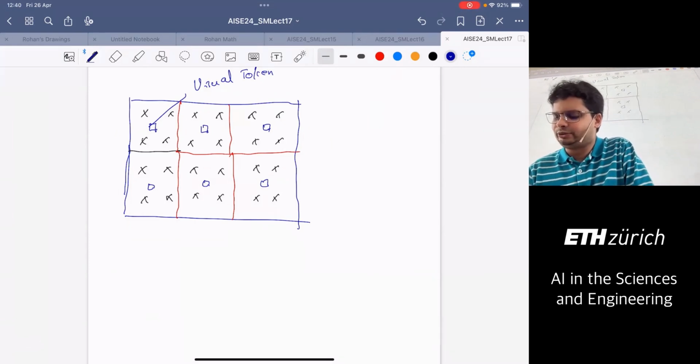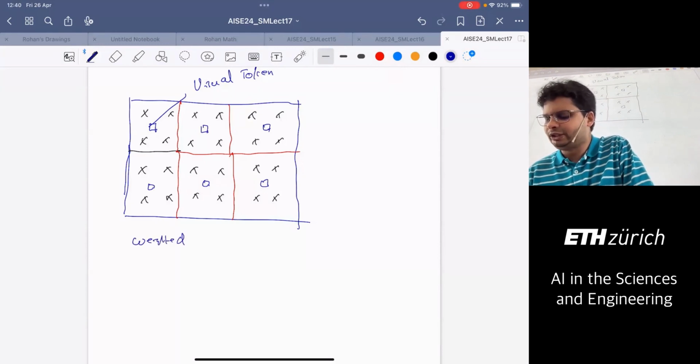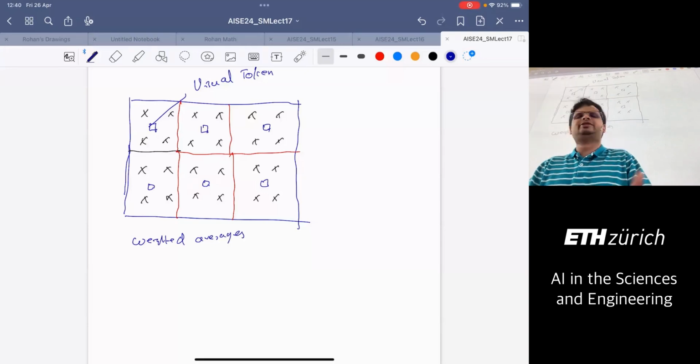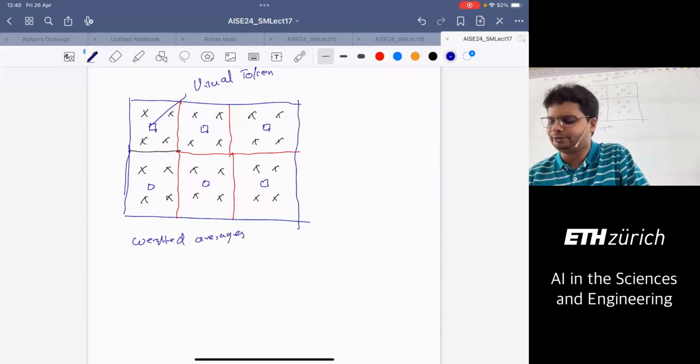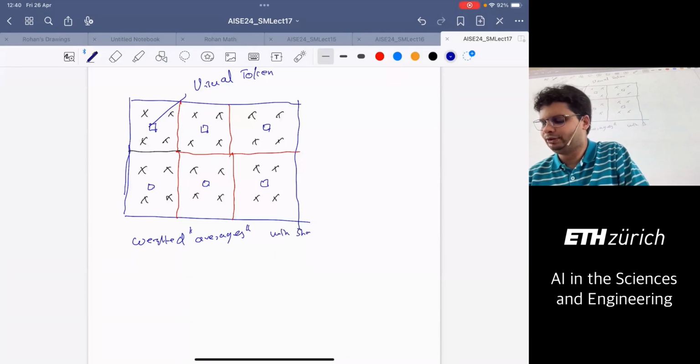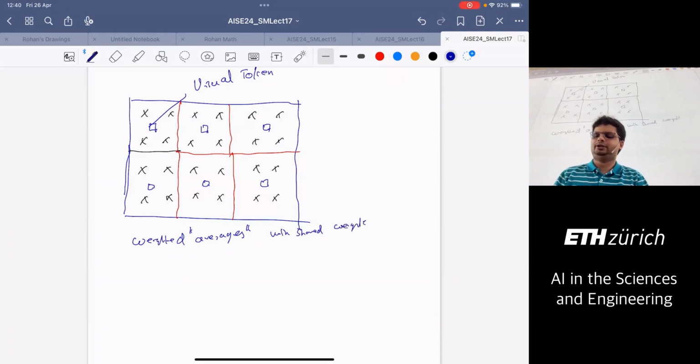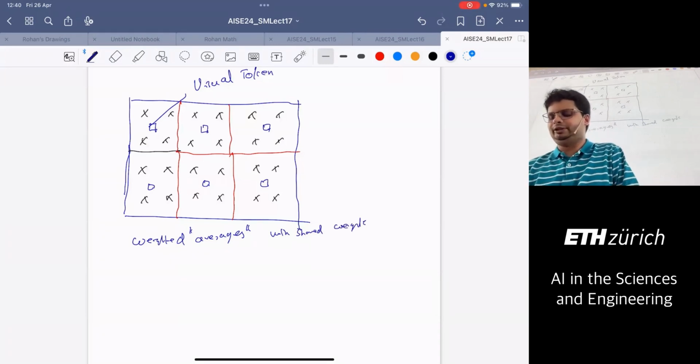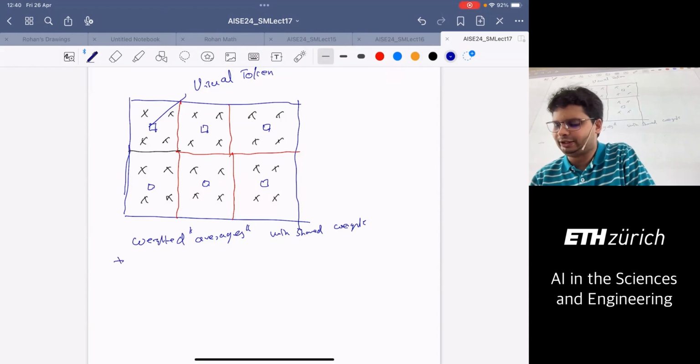Roughly speaking, you take weighted averages. You'll see when the operator version comes in the next slide. You take averages with shared weights, so the same types of features are learned across the different patches. And then, of course, each time you embed it into a latent dimension, plus some latent embeddings.